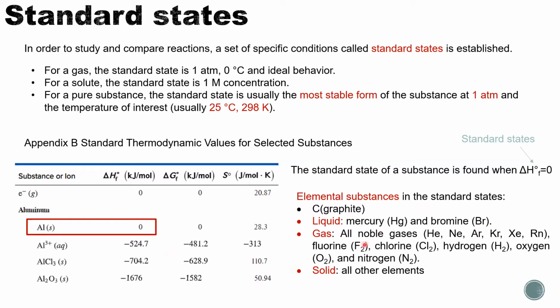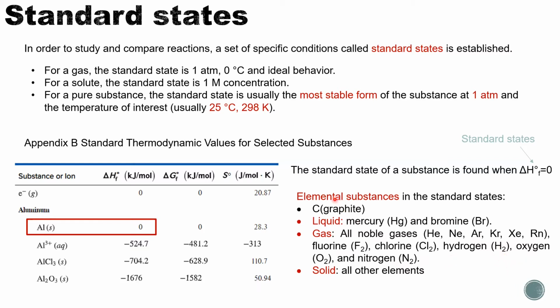A few other elemental substances are in the gas phase under the standard states: all noble gases such as helium, neon, argon, krypton, xenon, and radon. Also, the top two elemental substances of the halogen column, fluorine and chlorine, plus the 3 common gases, nitrogen, hydrogen, and oxygen.